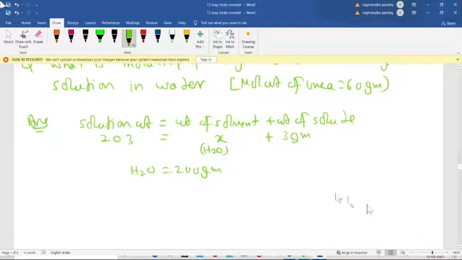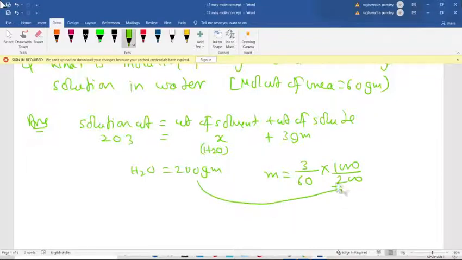Now finding the molality. 3 gram is the weight, 60 is the molecular weight, and 1000 by 200. 200 is your water, 3 gram is your urea. So you can calculate. That will come as 0.24.